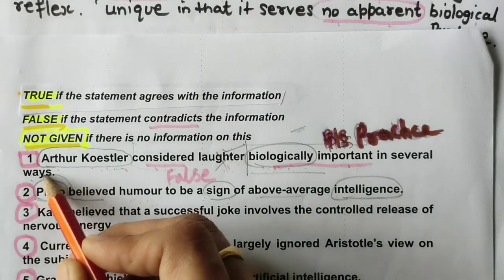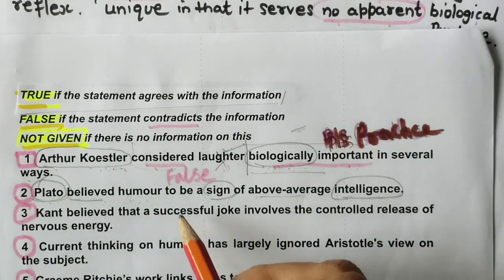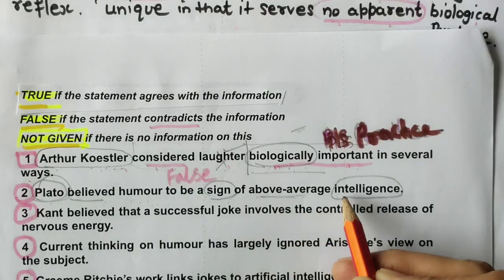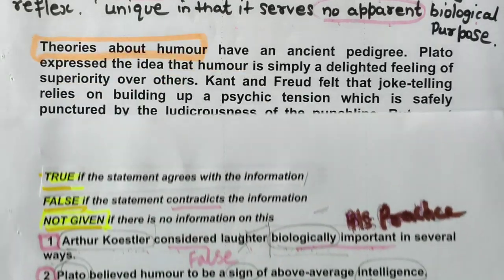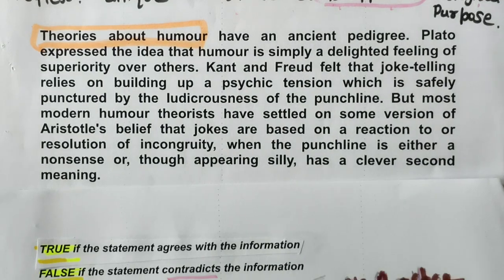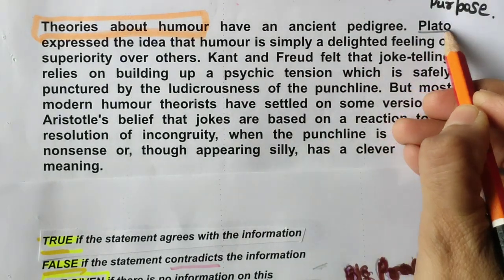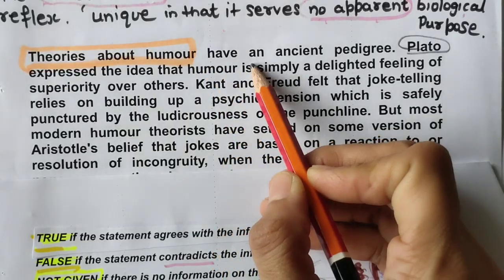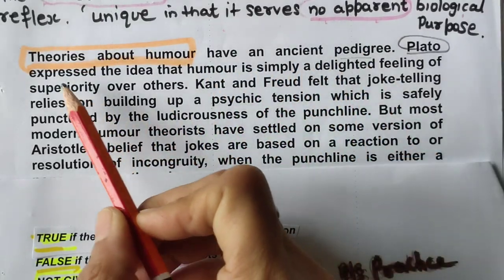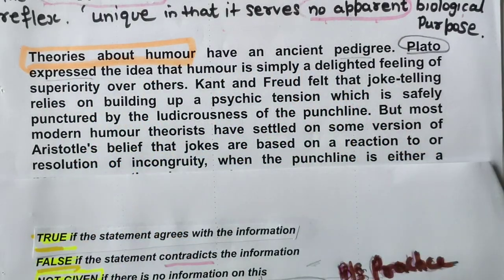So the word Plato will take us to the location, and we will also try to find the word intelligence. So in the next paragraph, I can see Plato over here. See this Plato: theories about humor have an ancient pedigree. Plato expressed the idea, meaning he believed.